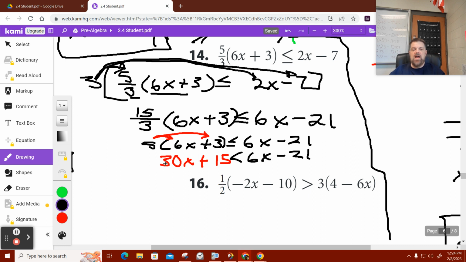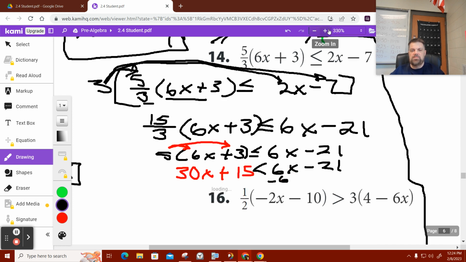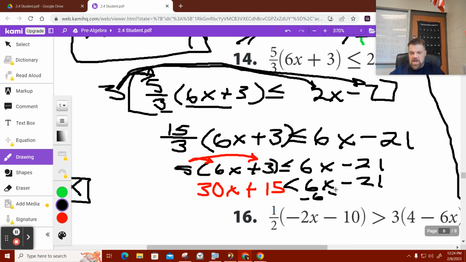Okay. So now I'm going to help you guys out because I'm running out of space. I'm going to subtract 6x from here, and then I'm going to subtract 15 from both sides.